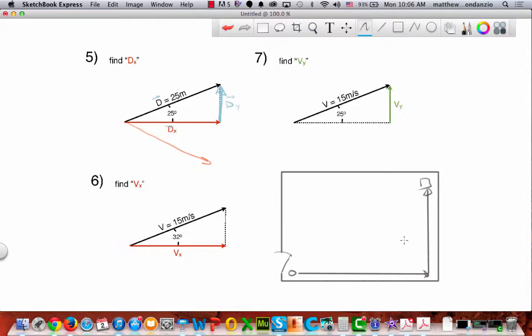The net, what I'm left over with at the end, is this. Everyone see that? So what I'm really doing is adding a distance in the x direction plus a distance in the y direction to give me a final distance vector. Does that make sense?